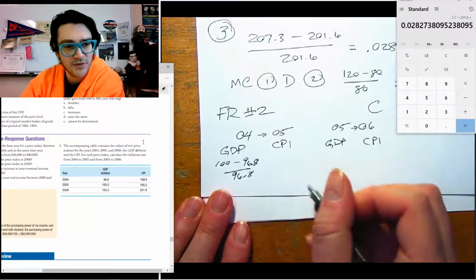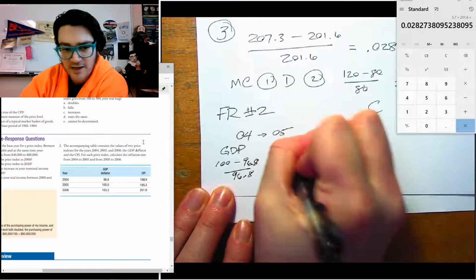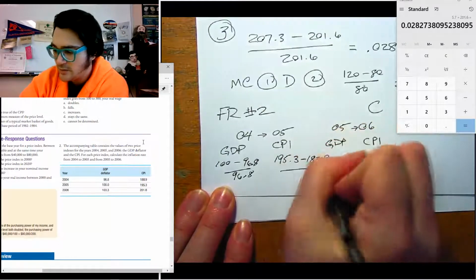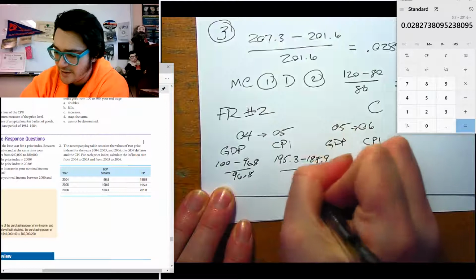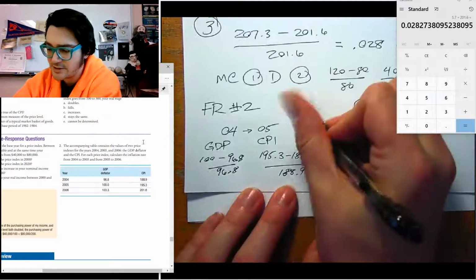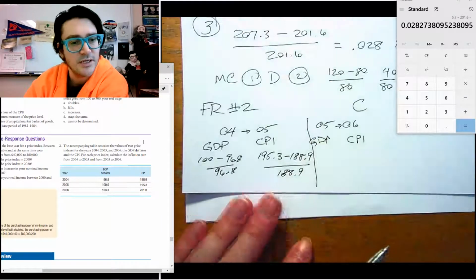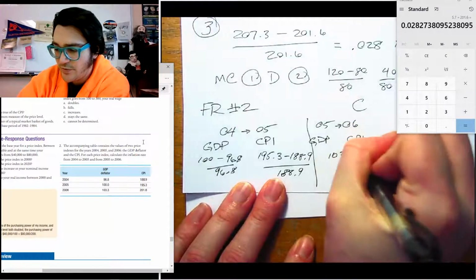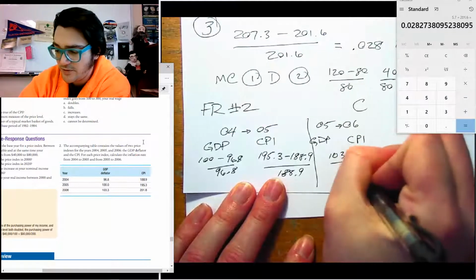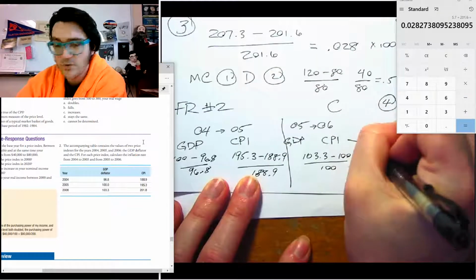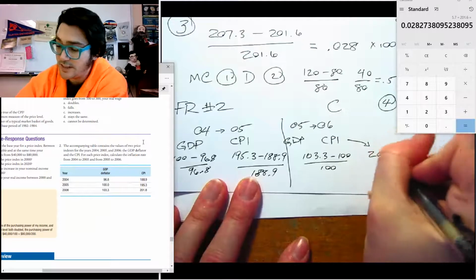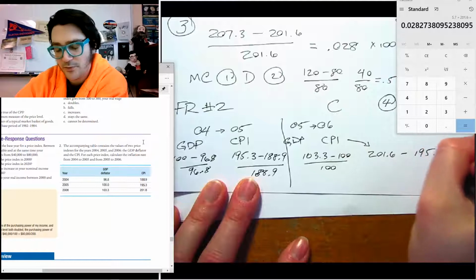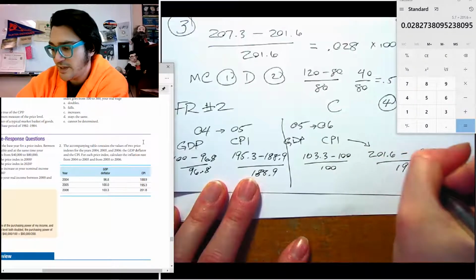And then CPI for that one is 195.3 minus 188.9 over 188.9. And then we're going to come back in just a second and do the numbers in the calculator. And then for the next GDP one, it's 103.3 minus 100 over 100. And then for the CPI one, it's 201, again, I'm just doing the new minus the old, minus 195.3 over the old 195.3.